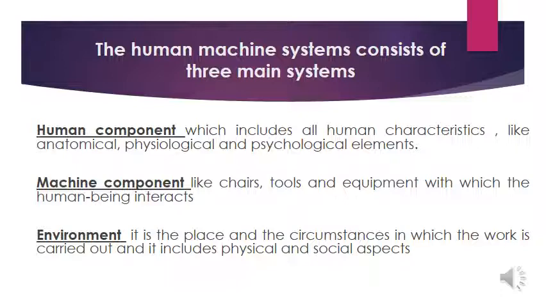Number 2, the machine component, like chairs, tools, and equipment with which the human being interacts. And the last one is the environment. It is the place and circumstances in which the work is carried out, and it includes physical and social aspects.